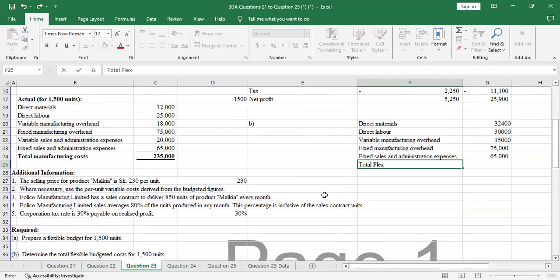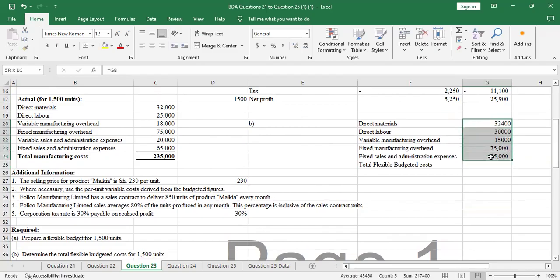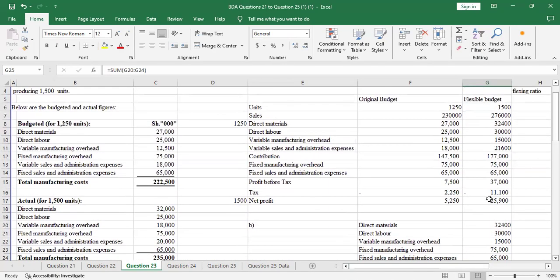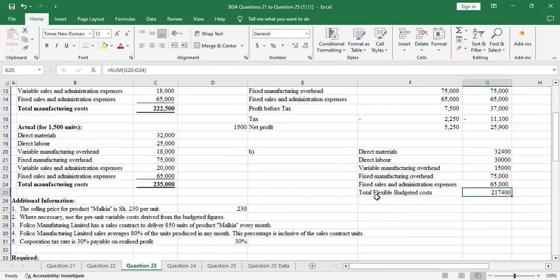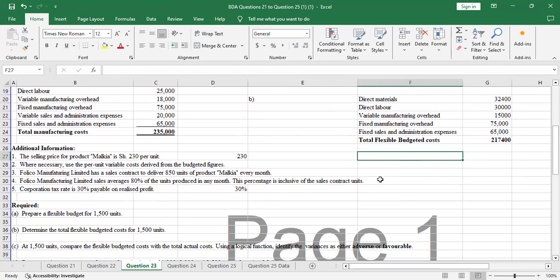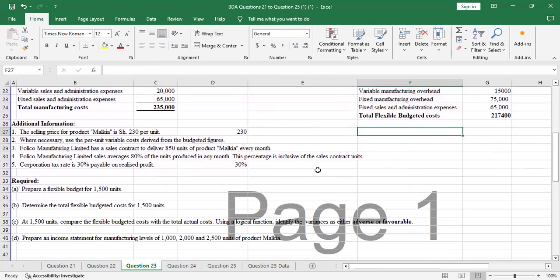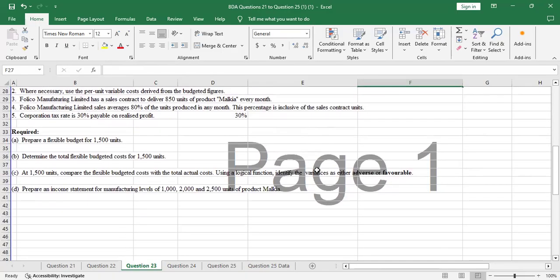So I just sum all this. So the total was 217,400. That is the total flexible budgeted cost. So allow me to bold that so that you can see it clearly. So that's what the examiner required of you in part B of that question.